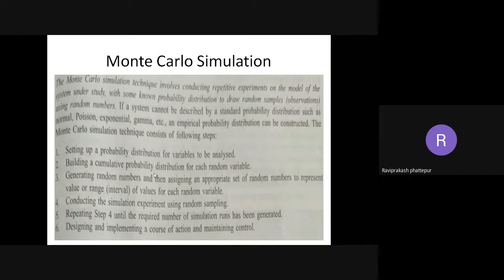Okay, there is some probability involved, like what is the probability of raining now, or raining in 1 hour, 0.2, 0.3, 0.8, we never know. So that is the probabilistic model to draw random samples or observations using random numbers. So here the term random numbers is very important. So just like that, you cannot say that, for example, it will rain now.